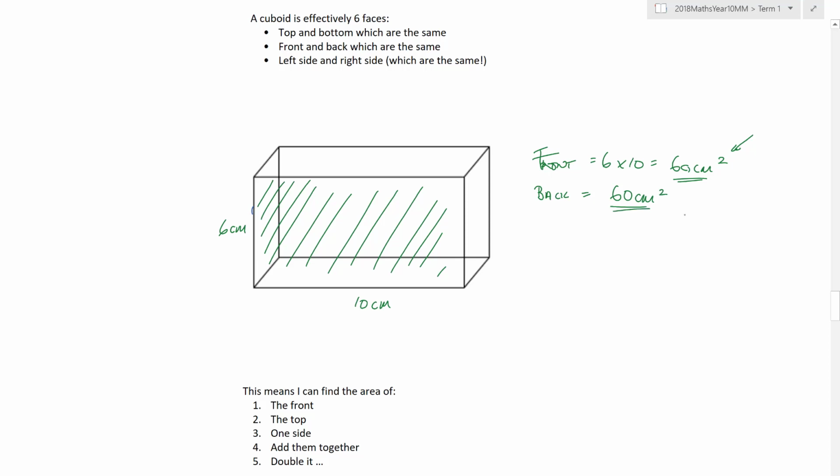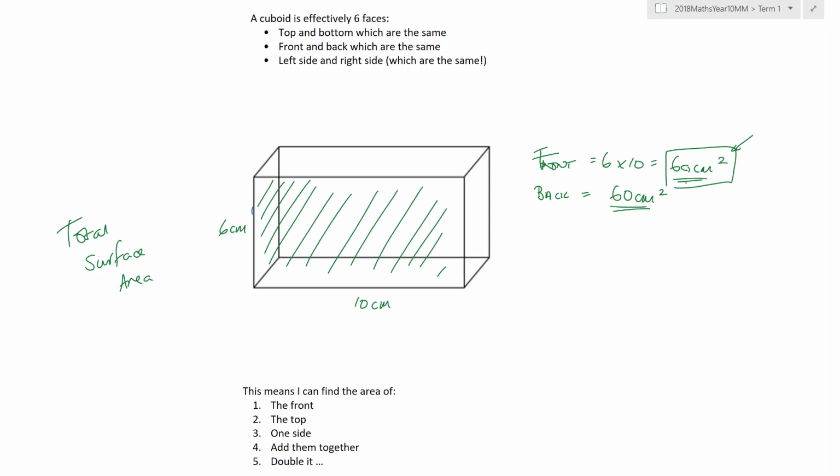Now the reason I'm writing it down is you're looking for the total surface area, which means you want to find the area of the front added to the back, added to the side, added to the side, added to the top, added to the bottom. Well, so long as I just do this one calculation, I might forget that I actually need to double it. I need to think about using it for the front and the back.